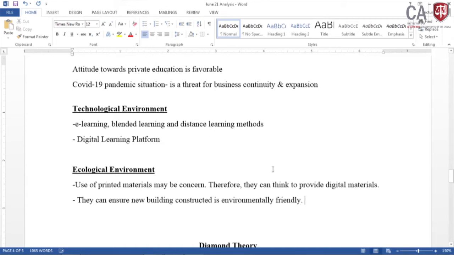They can ensure new building construction is environment friendly. For example, green building. Right.